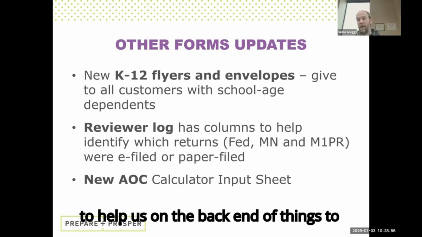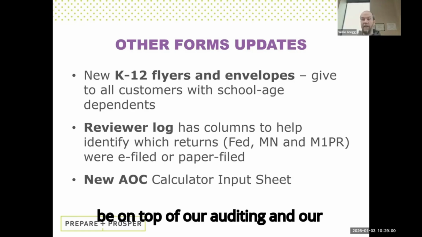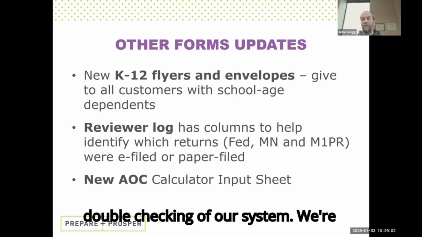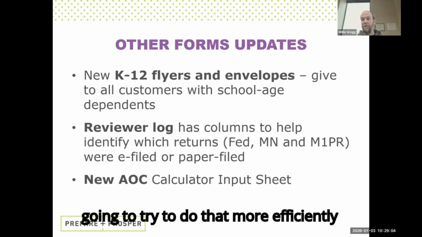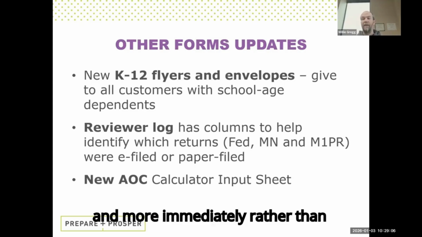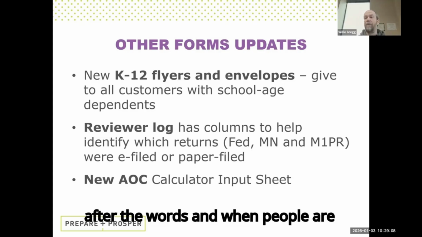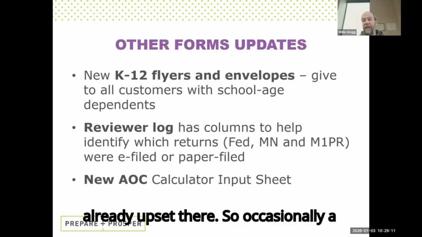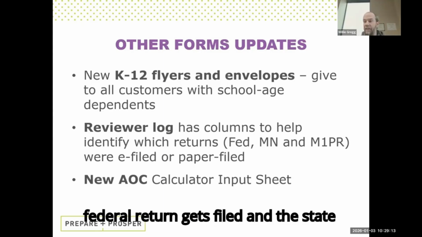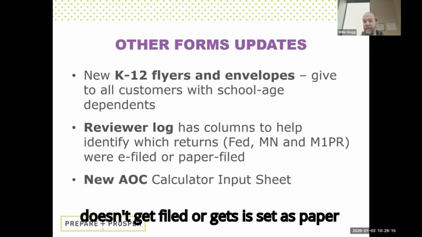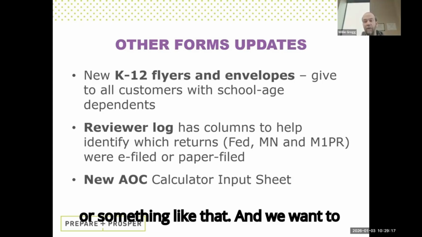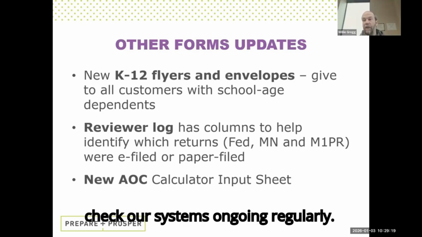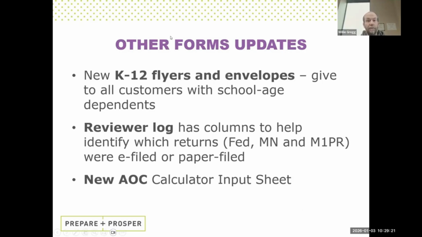That's really just going to help us on the back end to be on top of our auditing and double checking of our system. We're going to try to do that more efficiently and more immediately, rather than afterwards when people are already upset. Occasionally a federal return gets filed and the state doesn't get filed or is set as paper or something like that, and we want to check our systems regularly.